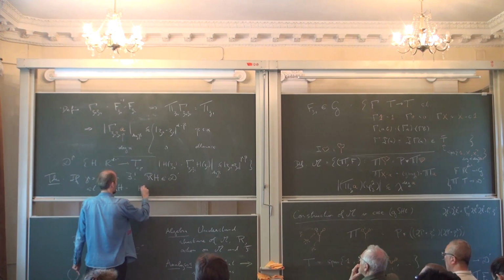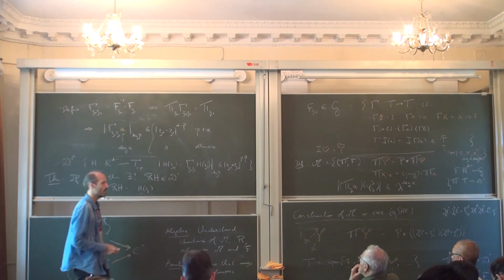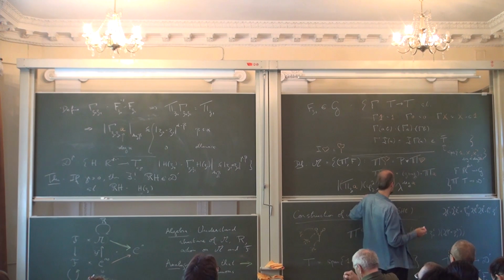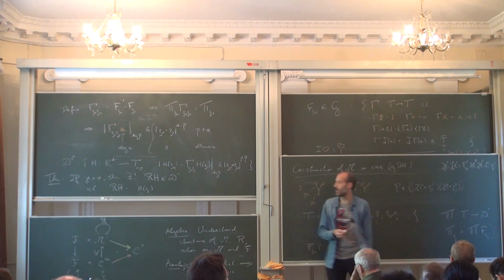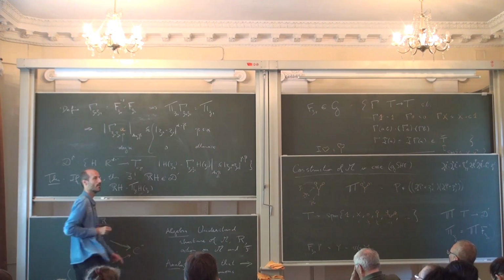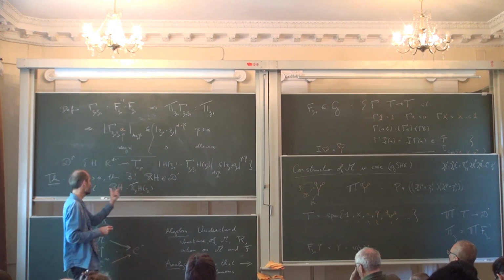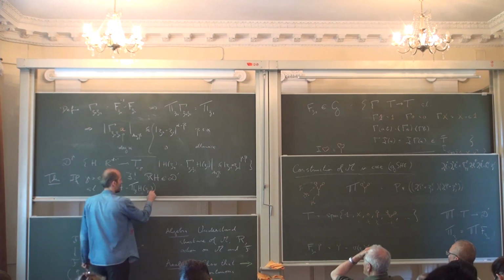Well, it has coefficients H of z, and the way you turn coefficients at a point into the actual distribution is this pi z guy, right? So pi z is a linear map from T into distributions. This is a distribution, so I can subtract the two distributions.